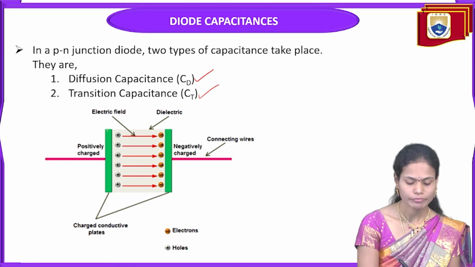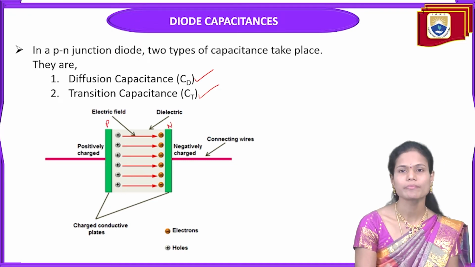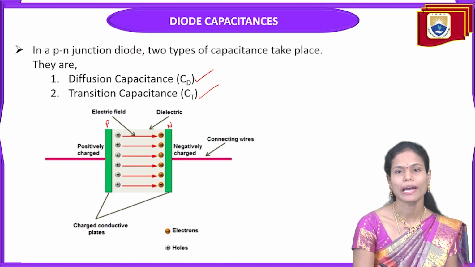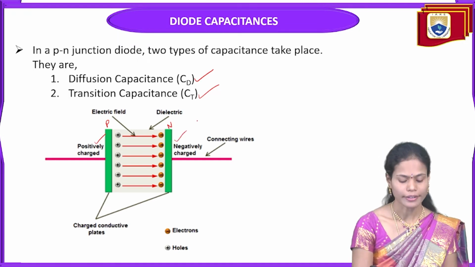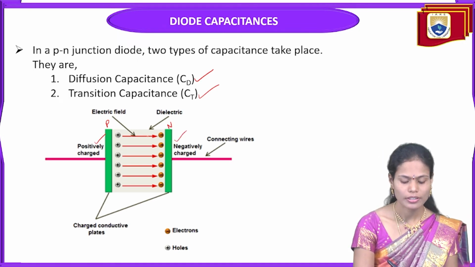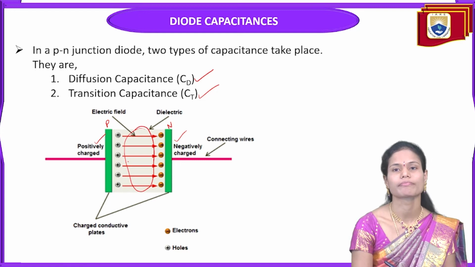So this is the P region we can see, and this is the N region we can see. So it is one parallel plate and this is one more parallel plate. This P type is having all positively charged particles and this N type of material is having all negatively charged particles here. And this region acts like a dielectric medium. Why? Because this is the depletion region here.